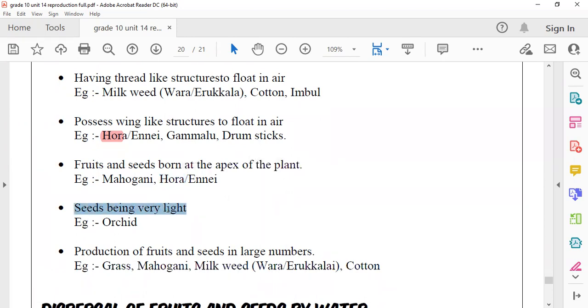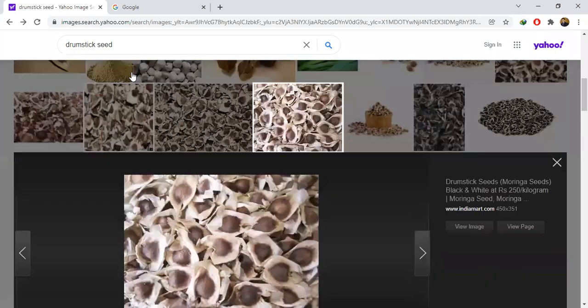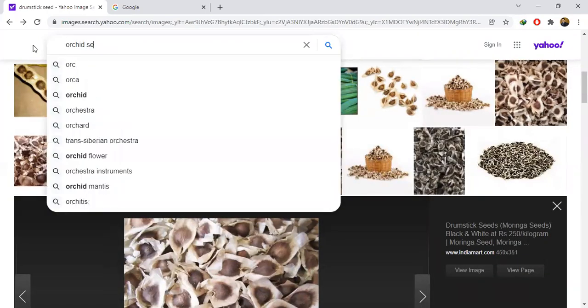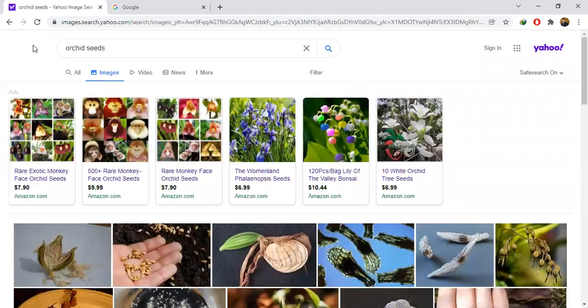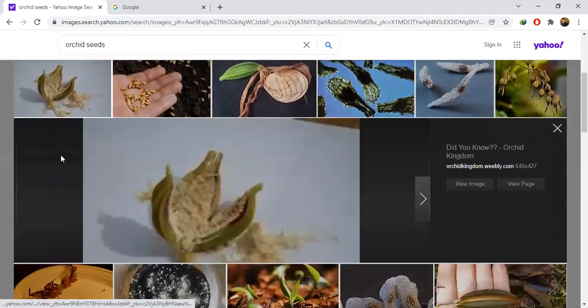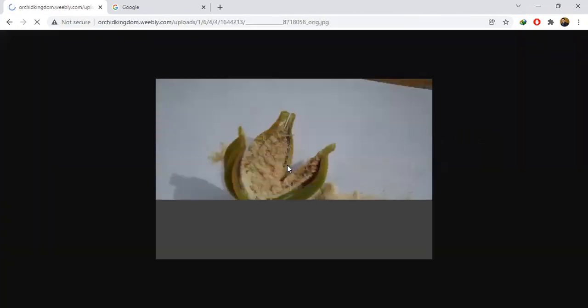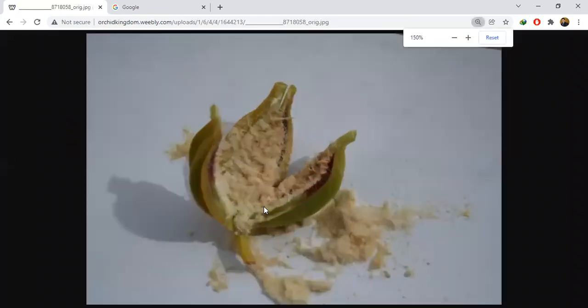Seeds being very light, that is orchid seeds. Orchid seeds do not have any structure to float, but they are very, very tiny powder-like structures. See here, they are tiny powder-like structures.